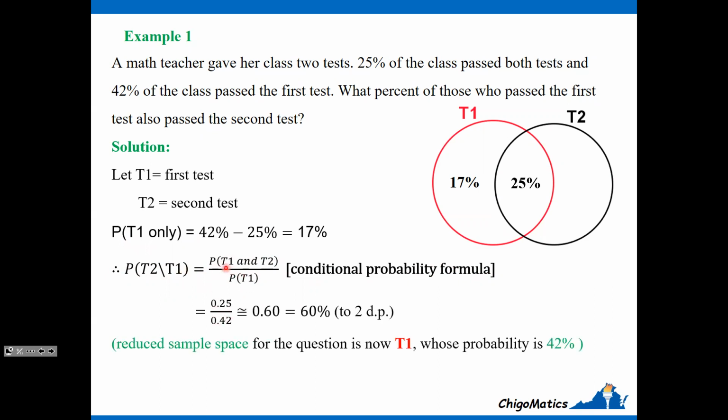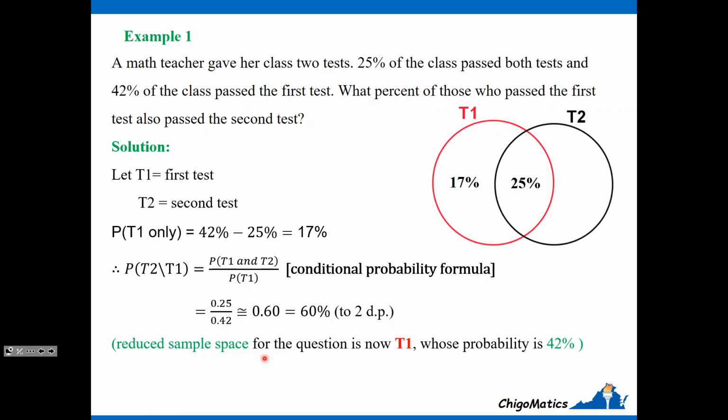So probability of test 1 and test 2 is the intersection, which is 25%, which is 0.25, 25 over 100, over the probability of passing test 1, which is what we are given already, 42, or you add the probabilities in the red circle, which is also 42, which is 0.42, approximately 0.60 to 2 decimal places, which is 60%.